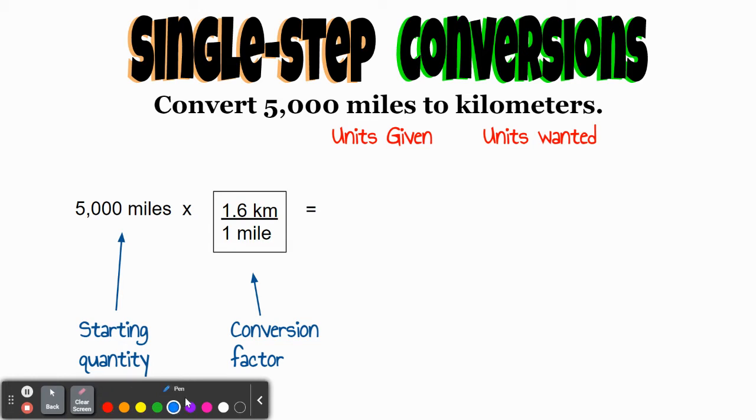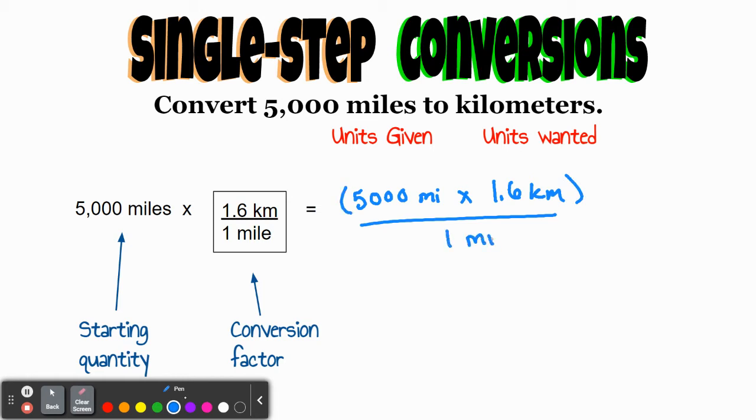So when we look at this, it is really like writing 5,000 miles multiplied by 1.6 kilometers divided by 1 mile. Well, right away, we see that we have miles on the top and miles on the bottom. We can cancel those units out. That leaves us with the unit of kilometers on top.